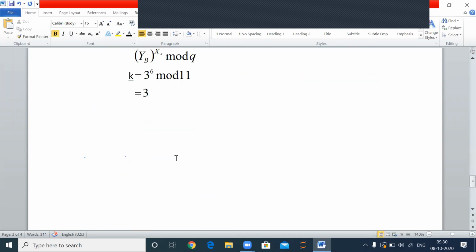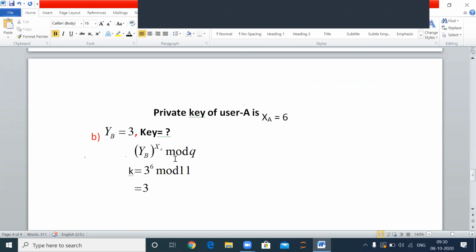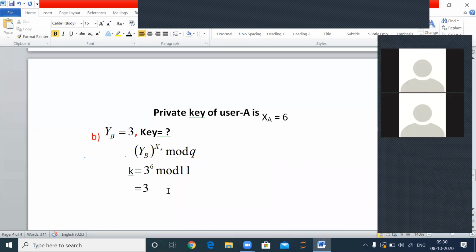So we use the formula to calculate user A's shared secret key, that is K is equal to YB power XA. If you use the formula for user B to calculate the shared secret key, you don't know user B's private key, and we would have to calculate it again. So no need. Because in the first problem we already calculated the private key of user A. That's why you choose the formula where user A calculates the secret key, K is equal to YB power XA mod 11. Using that formula we can easily calculate the secret key.